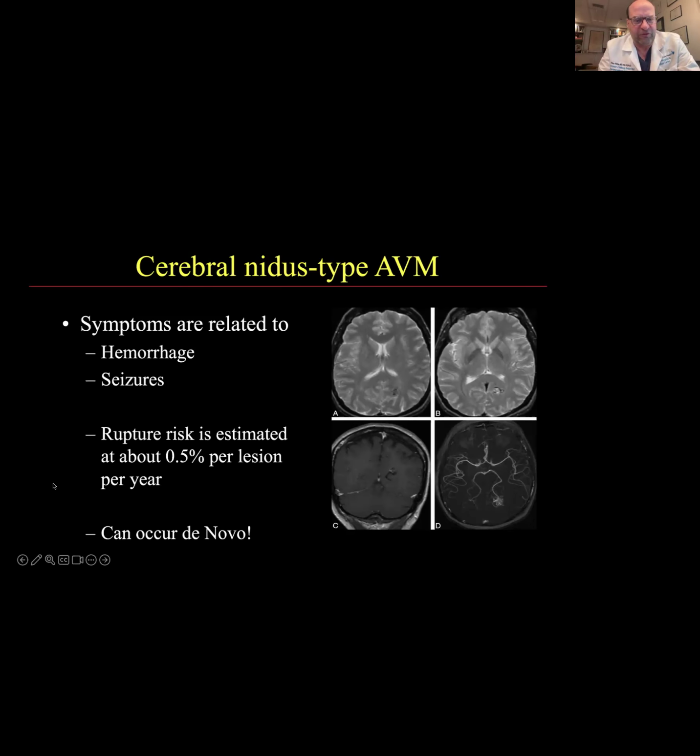One important feature is, unfortunately, this. They can occur de novo, i.e., if you were screened at, let's say, 15 years of age and everything looks okay, you may still develop a brain AVM later on. And this is likely related to the fact that, as I told you, our vessels are remodeling every 7 years.